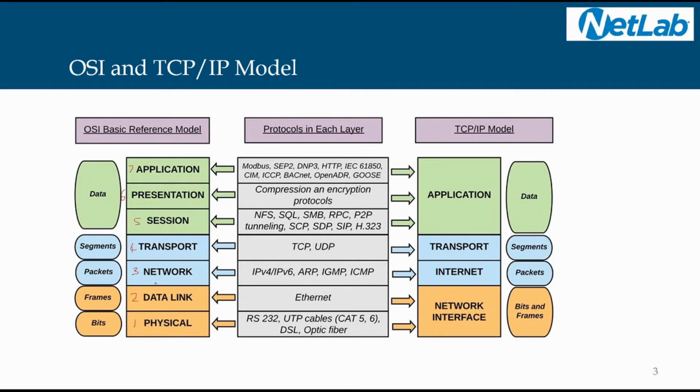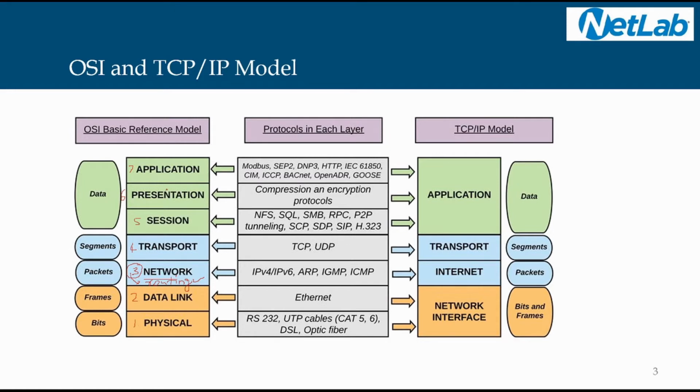For example, at layer 3, the functionality is routing. Routing means packet forwarding. Router is a device, routing is the functionality. So the number is directly connected to the functionality.